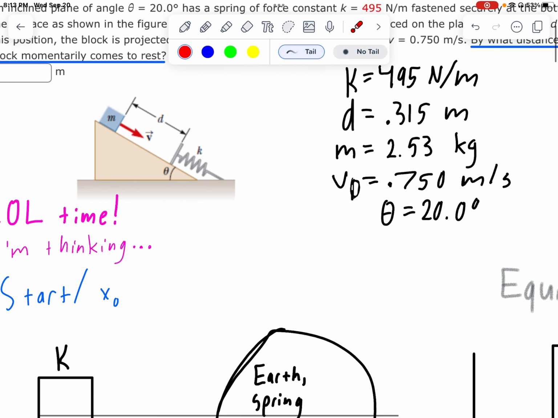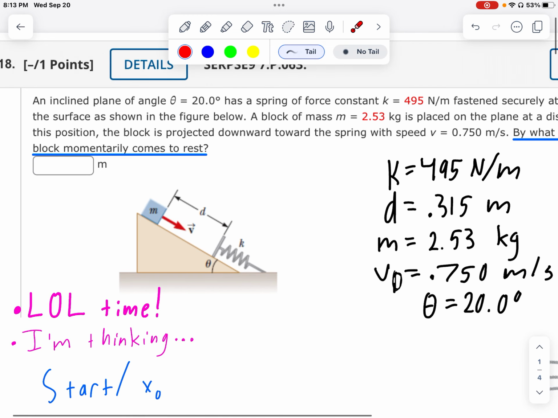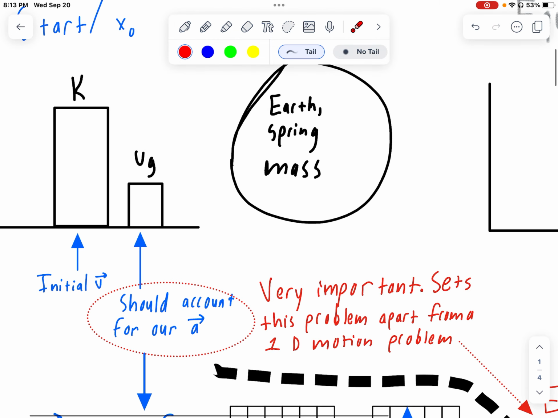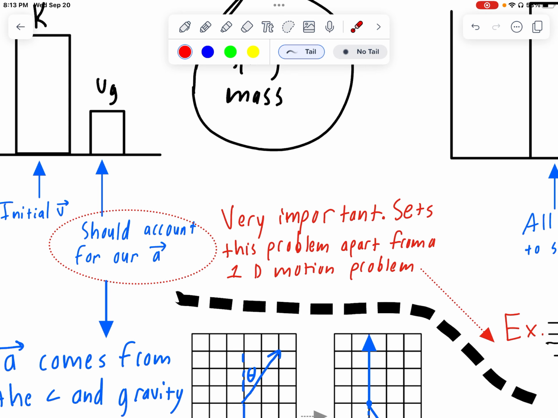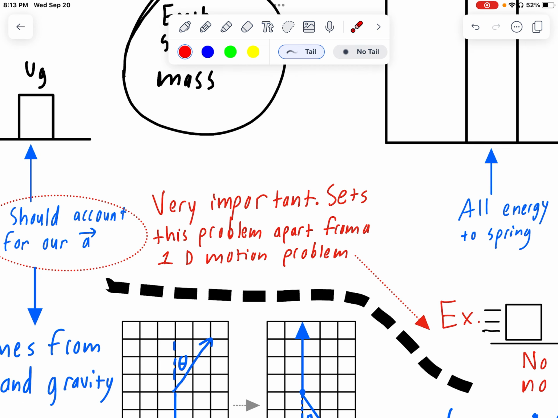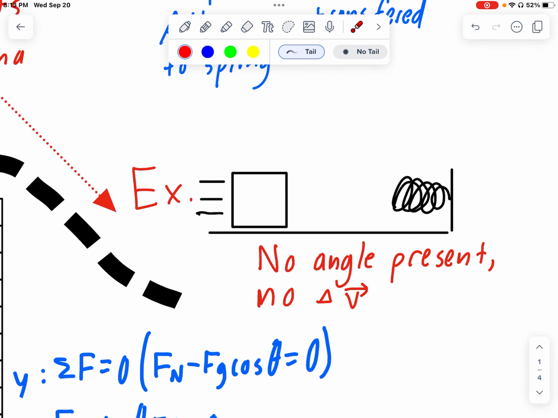Again, we have this acceleration due to gravity, which is why the block is accelerating, because we have some gravitational energy. Very important, this sets the problem apart from a 1D motion problem. A regular 1D motion problem usually has constant velocity, might have some friction, and the block just smashes into the spring, and we see how far it travels.